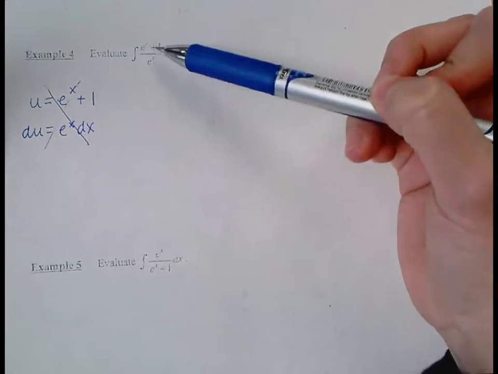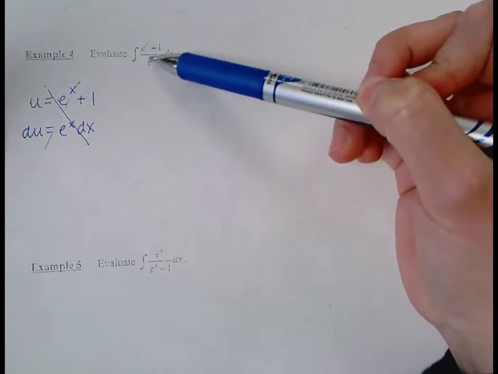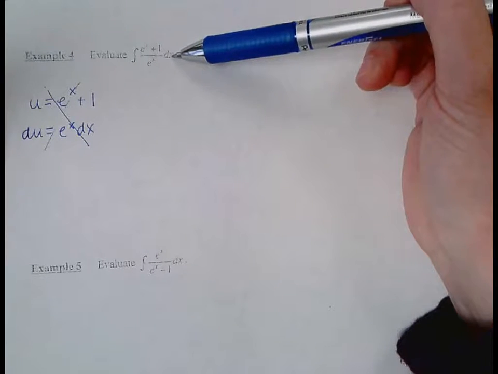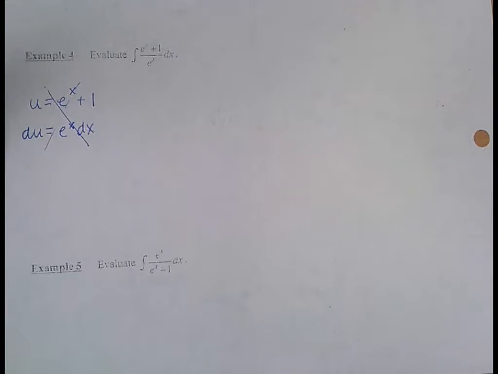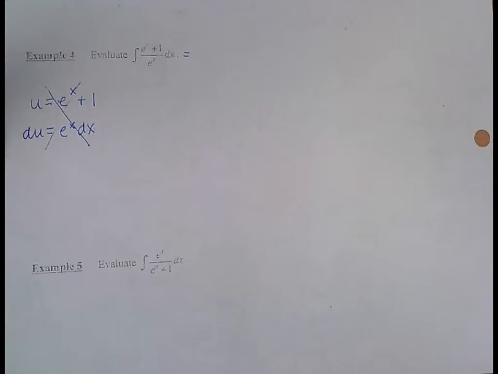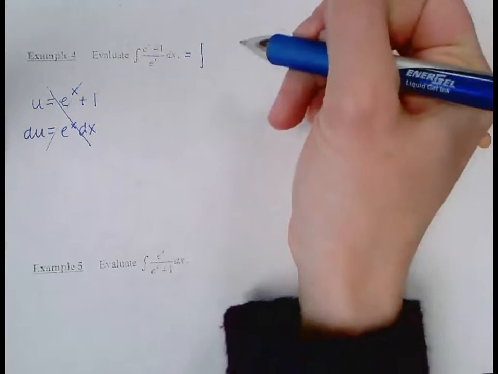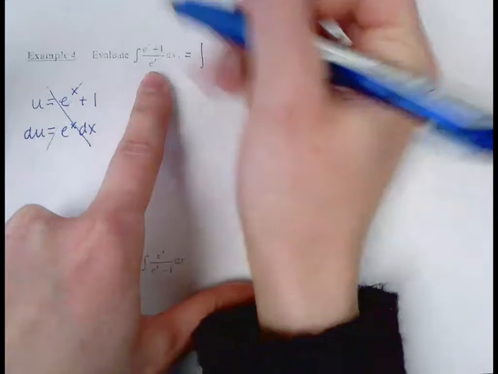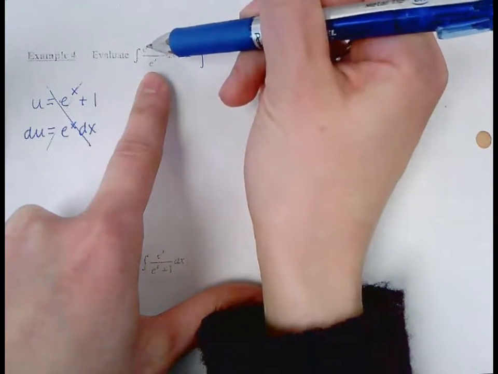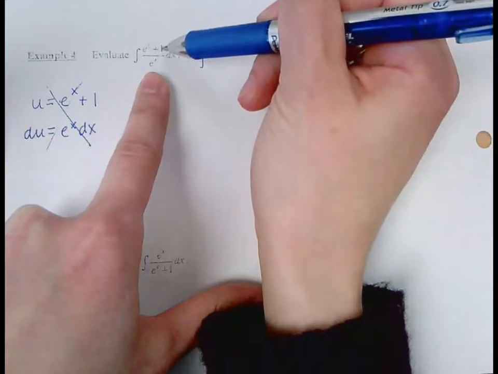So you could also reason if you just chose e to the x as u, you're also not going to get rid of your whole top part. You'd have u plus 1. So substitution is not needed for this because I can actually rewrite this function. When you have a fraction, you can split the numerator and have e to the x over e to the x plus 1 over e to the x.